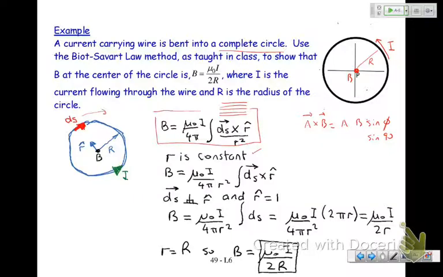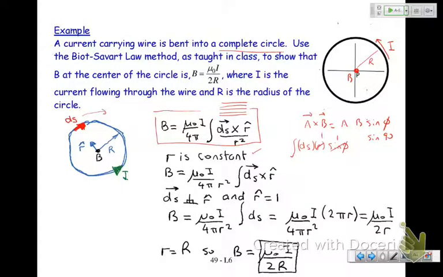Okay, so B is equal to mu naught I over 4 pi r squared. And then I'm going to say, well, this integral of vector ds crossed with r hat is basically the integral of ds times r times the sine of phi, and that equals 1.